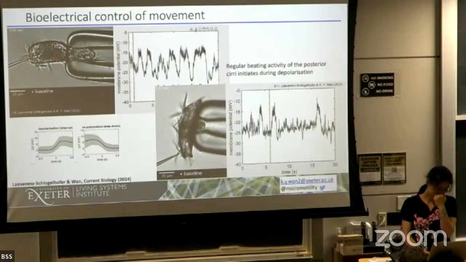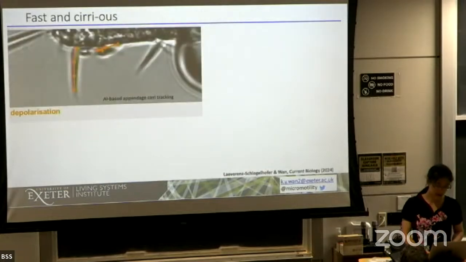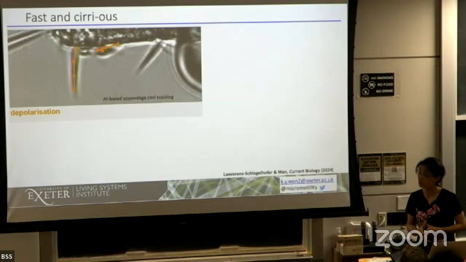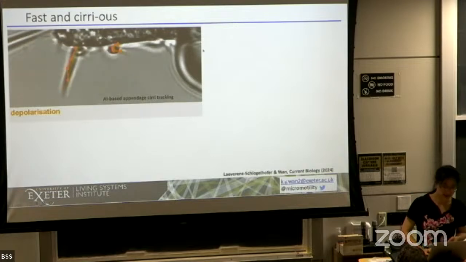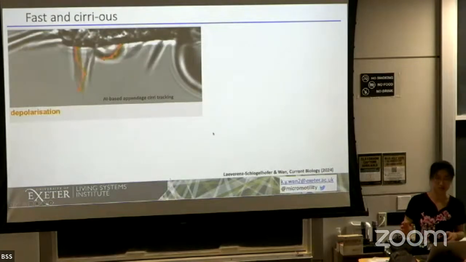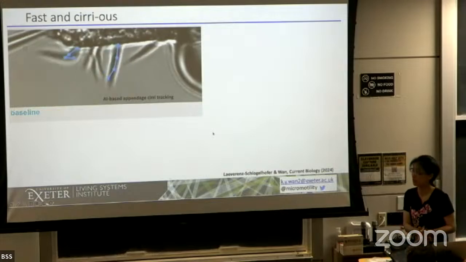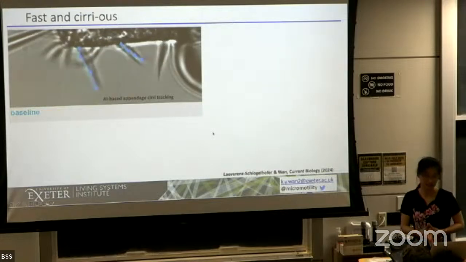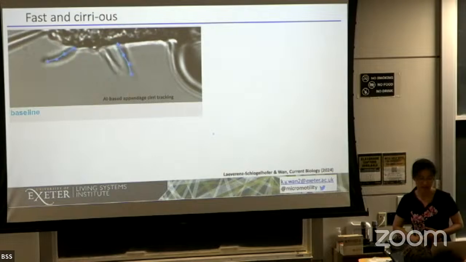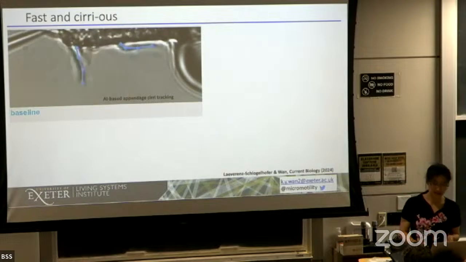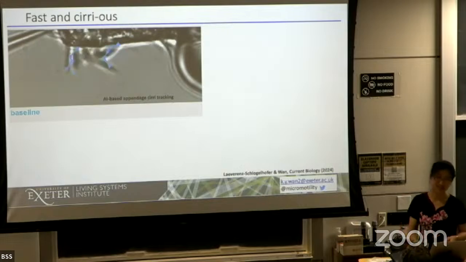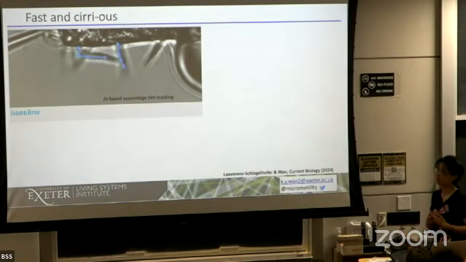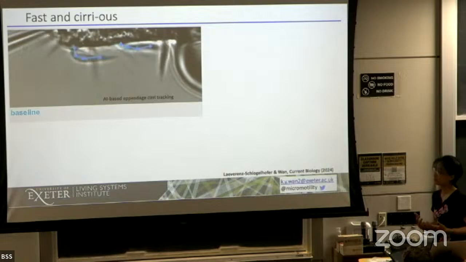So as I was saying, we then try to track these appendages. If you work on animal behavior or something like this, then you might have come across all sorts of interesting AI-based tools that allow you to track appendages. But they don't work very well on these cells because there are many different appendages of interest.